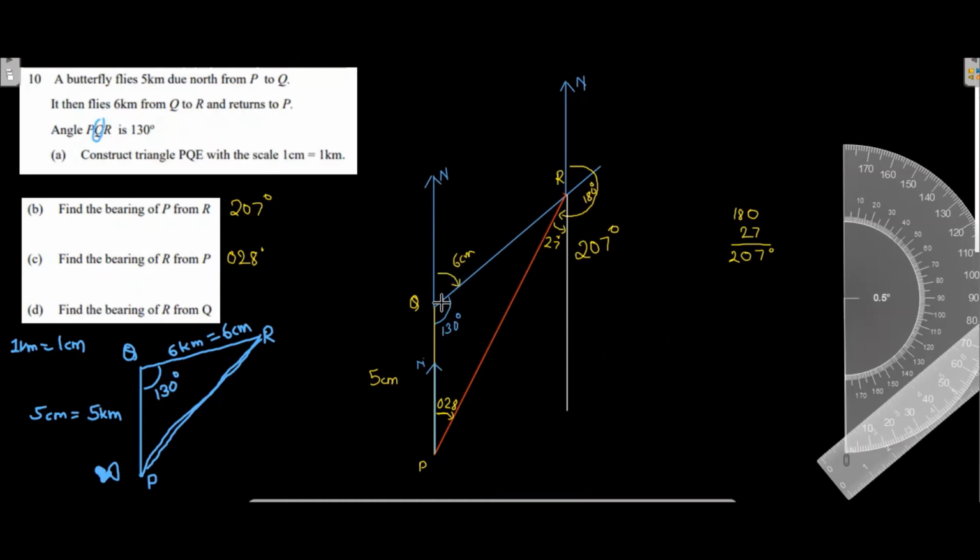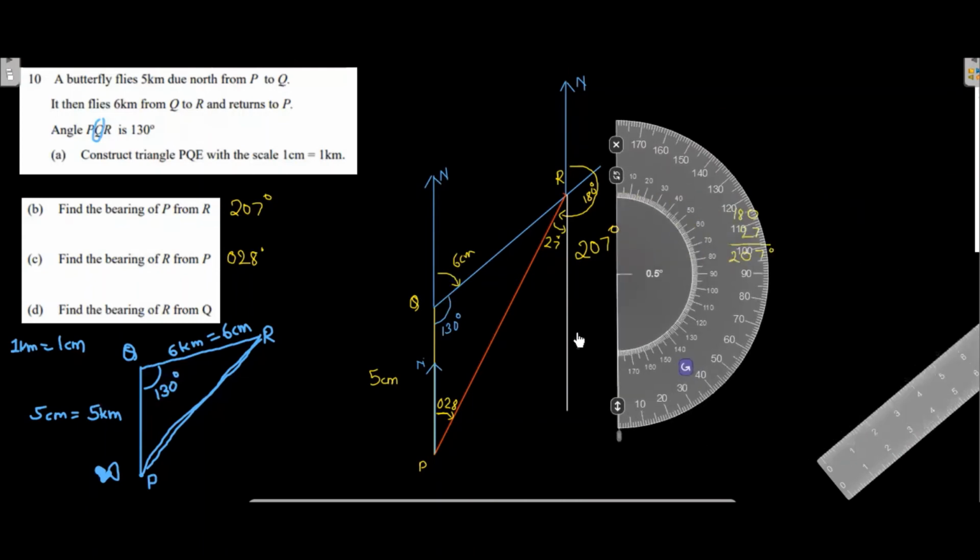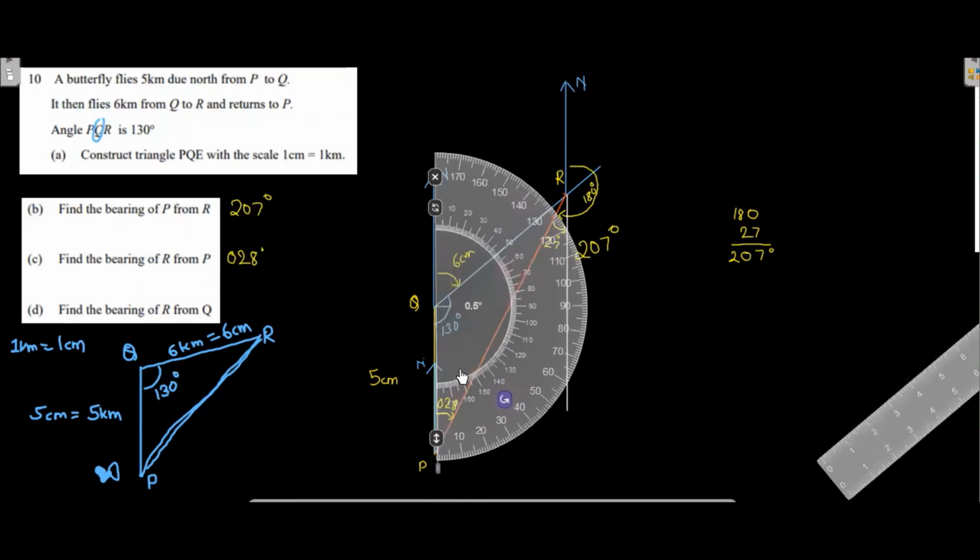Now we use the protractor and see how much this angle is. You can measure it from here till here: 10, 20, 30, 40, 50. So it is 50 degree, but we will write it in 3 digits, 050 degree. So the answer for this one is 050.